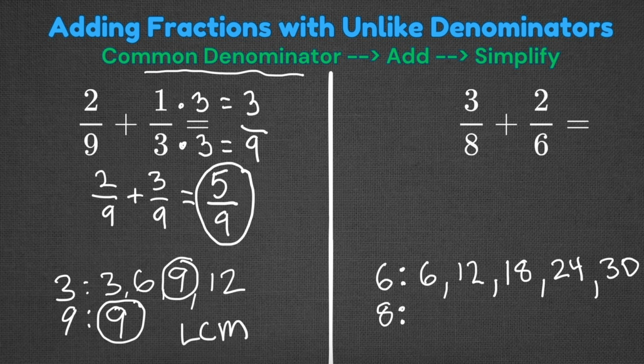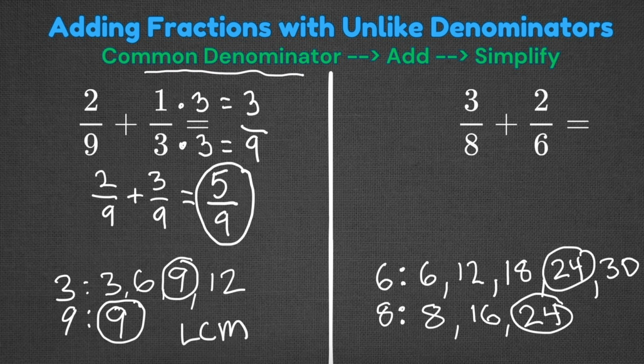Usually if you go up maybe 5 multiples, you'll hit it with a lot of these problems. The first multiple for 8 is 8, and then it's 8 plus 8, or 8 times 2, 8 times 3, and look, I get to stop because I found the least common multiple.